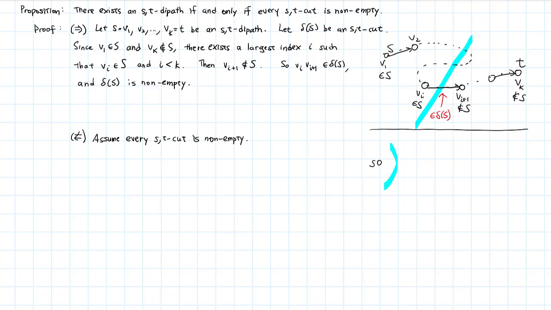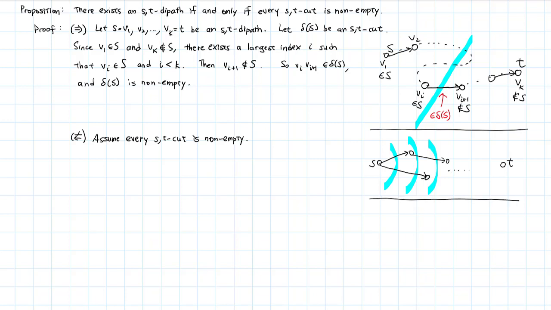By assumption, this cut is non-empty, so there must be an arc from S to another node. We then look at the cut induced by these two nodes, which by assumption is non-empty. So there is another arc that goes from one of these two nodes to a third node. And then we can repeat this process until we reach T, in which case we have found an ST dipath.